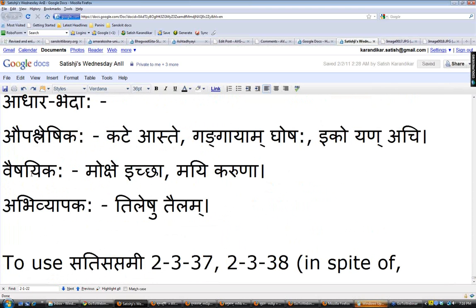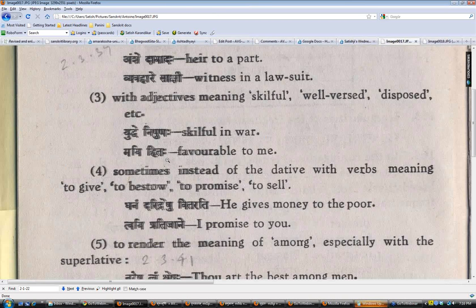Clearly it is Vishaya Saptami, mayi Saptami. He is well disposed towards me, so his good disposition has a substratum, the subject, in reference to. This Vishaya Saptami can be translated in English as in reference to, the subject matter of, with regard to. So with regard to me, he's well disposed. I think both of these can come under Vishaya Saptami itself.